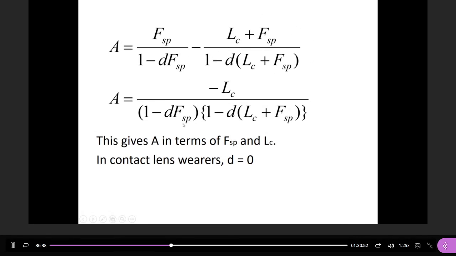Okay, if you combine the two, I mean, now you can do a little bit of work at home, so you can actually work out this relationship. This equation will tell you the amount of accommodation required at a specific working distance from the lens, and also the vertex distance, and also with a specific power of the spectacle.